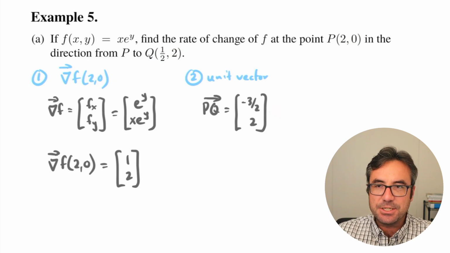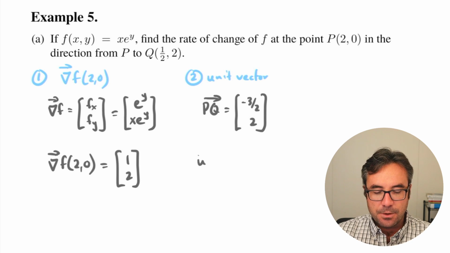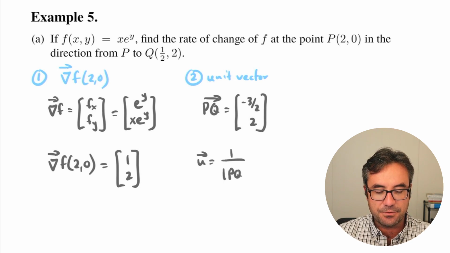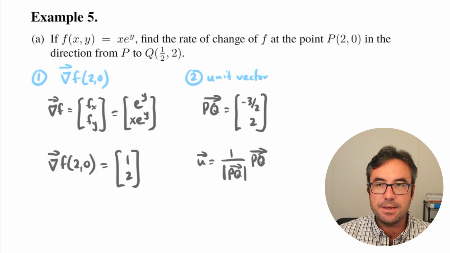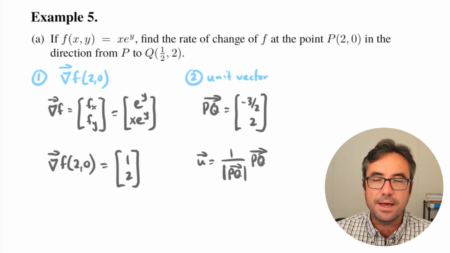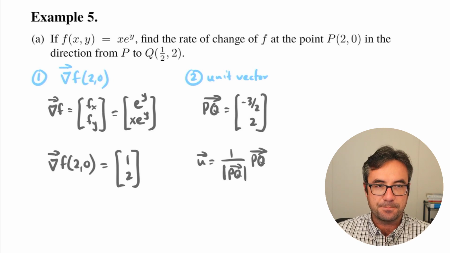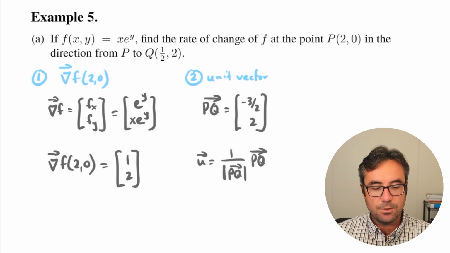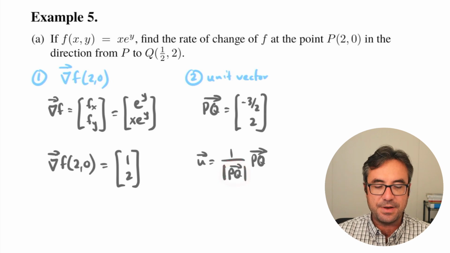And now we've got to make this into a unit vector. The quick way to do this is to figure out the length of your vector PQ and then do 1 over the length and multiply it into the vector there. All right, so what do we get for the length of this vector that we calculated? Well, if we square the first component, we get 9 over 4.